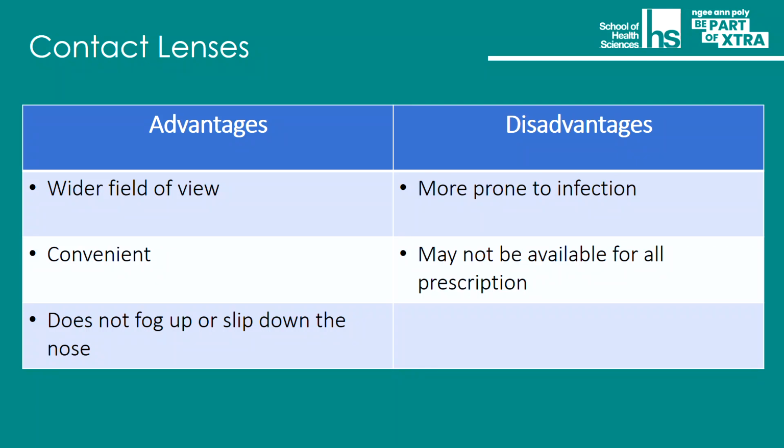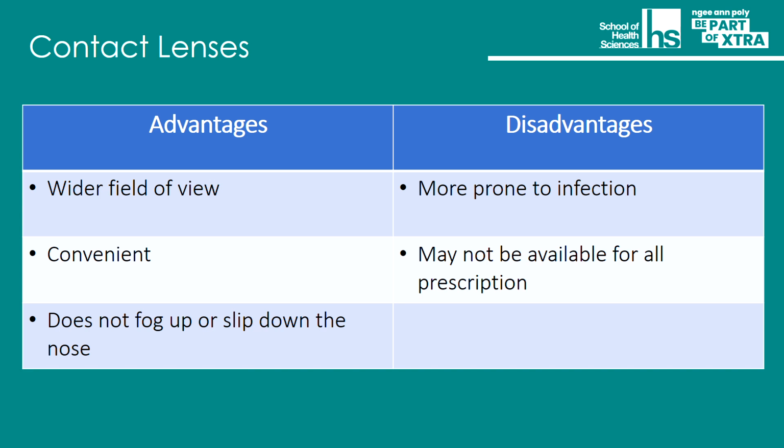Next, we're going to talk about the advantages and disadvantages of contact lenses. The advantage of contact lenses compared to glasses generally is that you have a wider field of view, and because of that, it's very suitable for certain occupations, like if you're going to be a pilot, maybe with a very mild form of refractive error, an air steward or stewardess, in the military forces, or a sportsman.